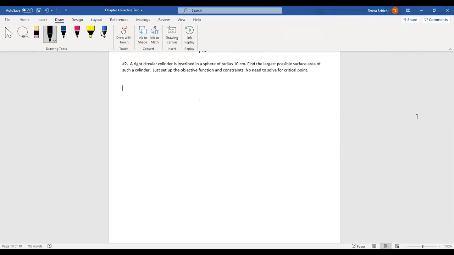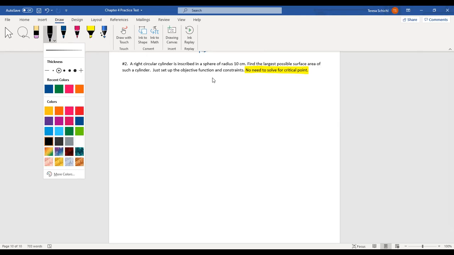I want to find the largest possible surface area for such a cylinder. For this problem we don't need to take the derivative and find the critical point, because that is very mechanical. As long as you can set it up, you will be able to do that. So let's just set it up here.